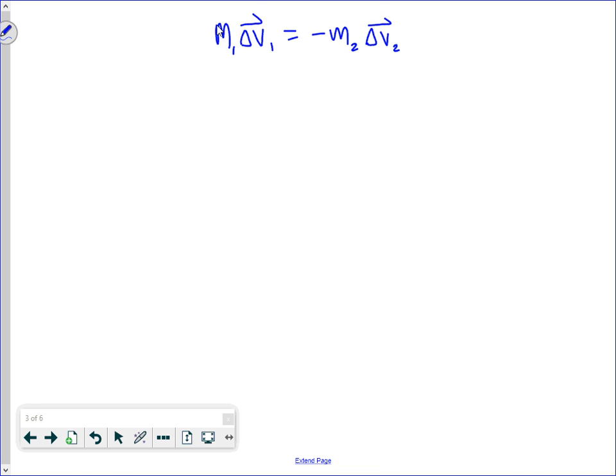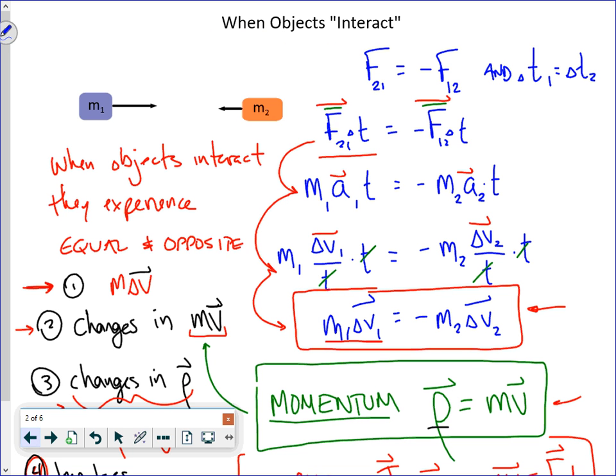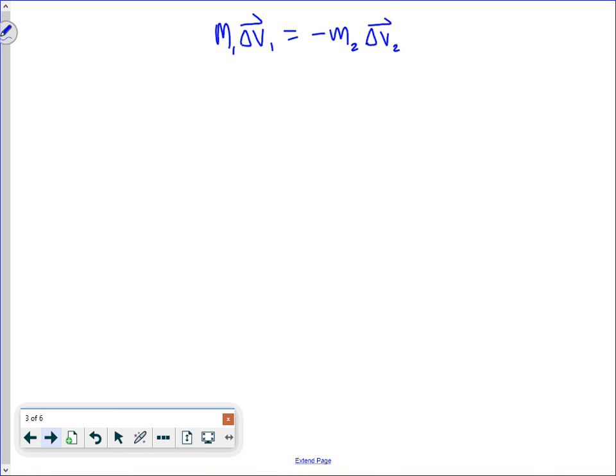That doesn't come out of nowhere. That's this. I'm building from there. This already sort of tells us something about momentum. If during an interaction, two things' momentums can change, but those changes are equal and opposite, that tells you something about momentum if you're willing to think about it enough.